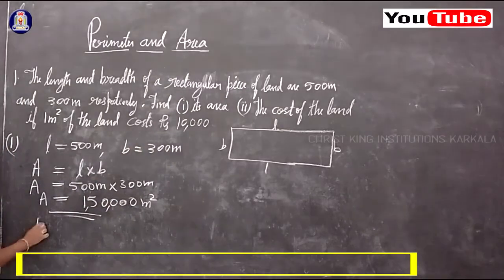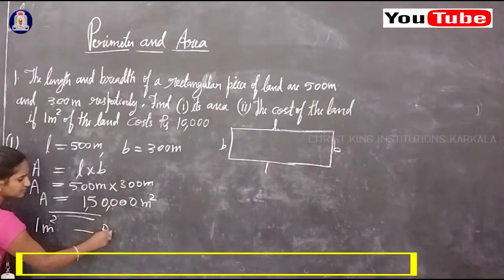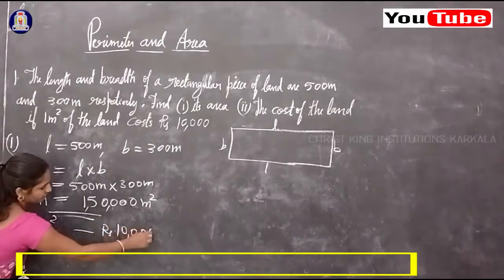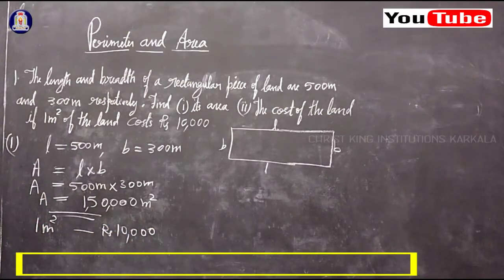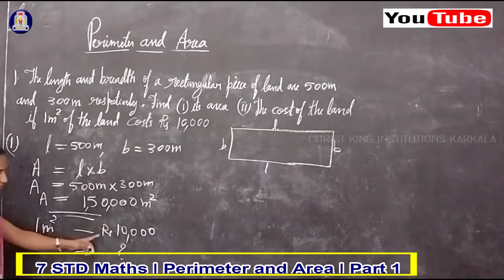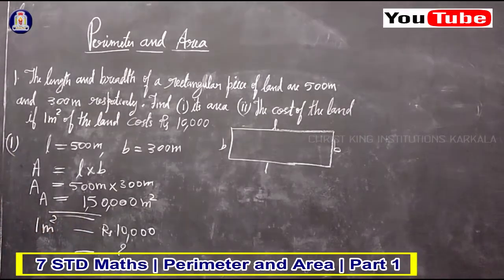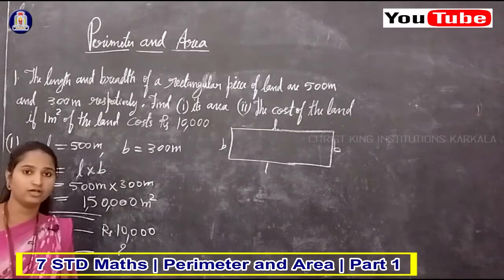The question is like this: 1 meter square area of land is rupees 10,000. Now they are asking what is the cost, so you write question mark here because we don't know what is the cost of 1,50,000 meters square of land.